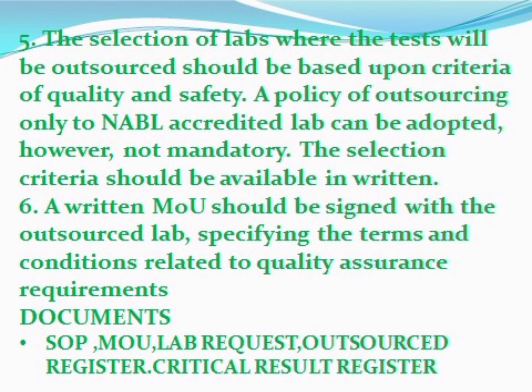Point number 6. A written MOU should be signed with the outsourced lab specifying the terms and conditions related to quality assurance requirements. And the documents are, first and foremost, for outsourcing of a test, we should have SOPs, and we should have written documentation like MOU, lab requisition and register, outsource register and critical result register.